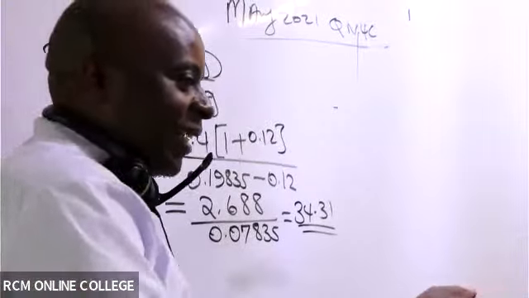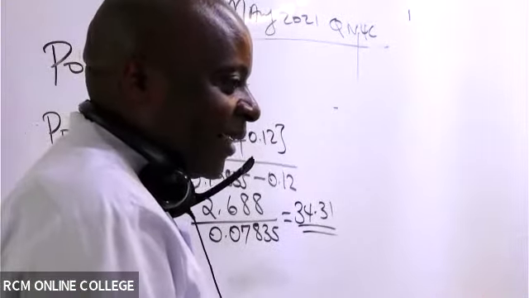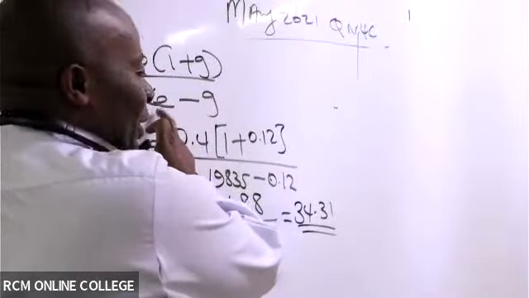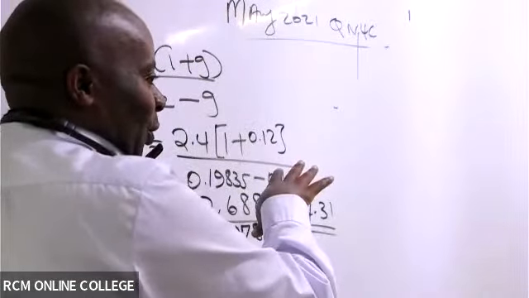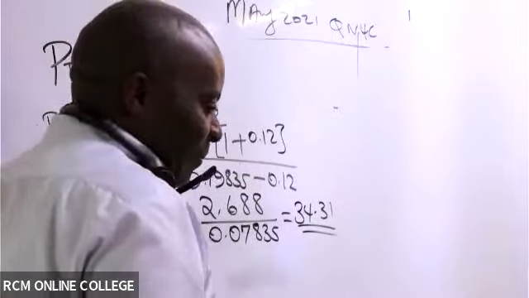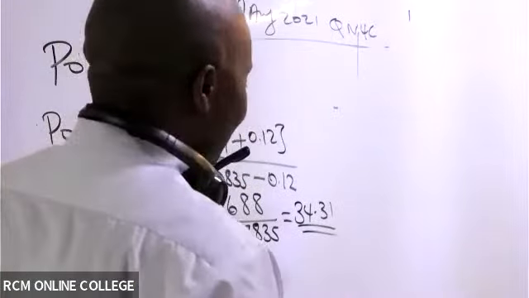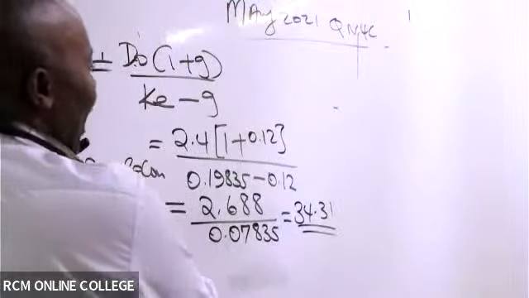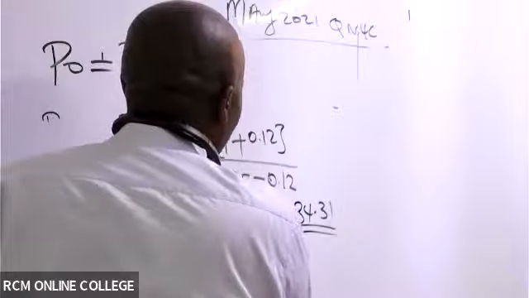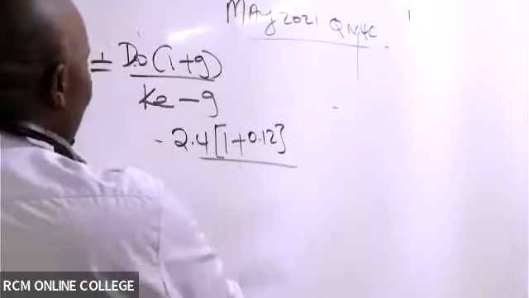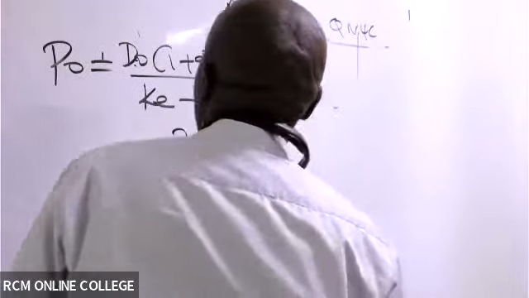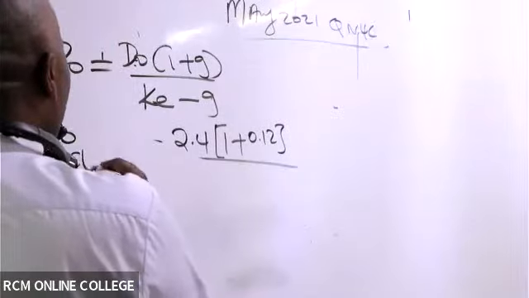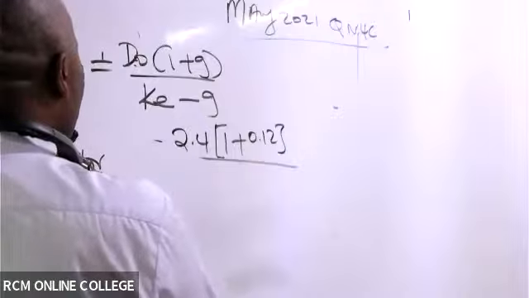You see, the only thing is that you're going to make use of Ke after what, somebody? After reconstruction. Every other thing remains the same. Great. So I have to rub this, ladies and gentlemen, and write P0 after reconstruction.